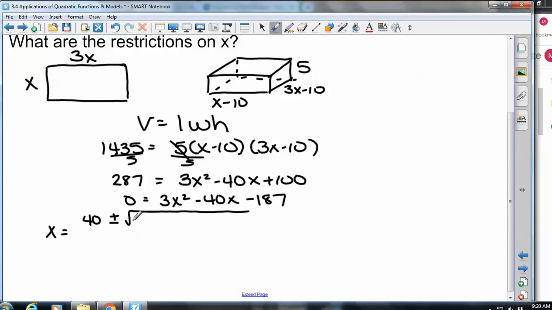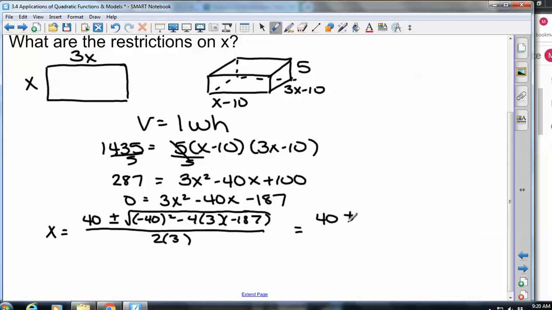Opposite of b plus or minus the square root of b squared minus 4ac all over 2a.